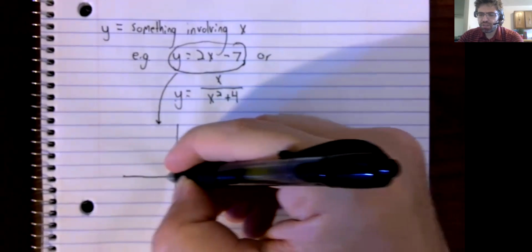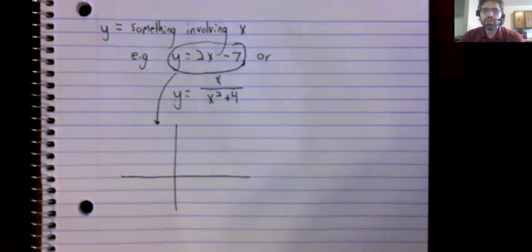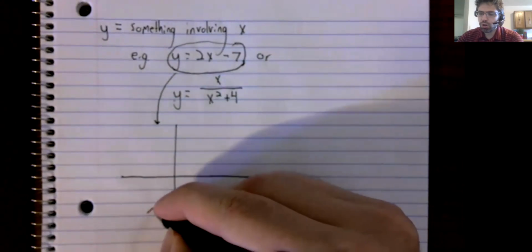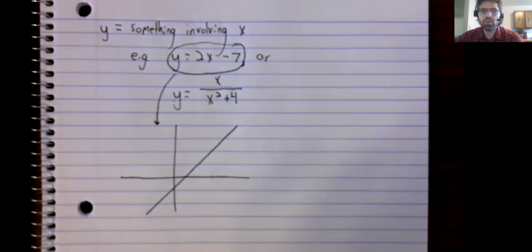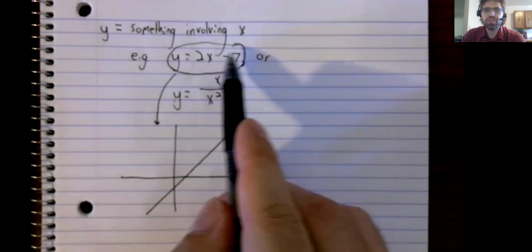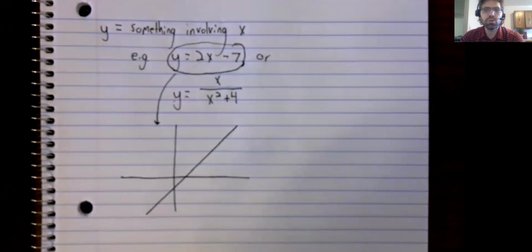I believe the very next section we're going to do, section 2.2, we'll learn that this equation has the form of a straight line and looks something like this. We'll just recognize the form of this equation and be able to graph it.